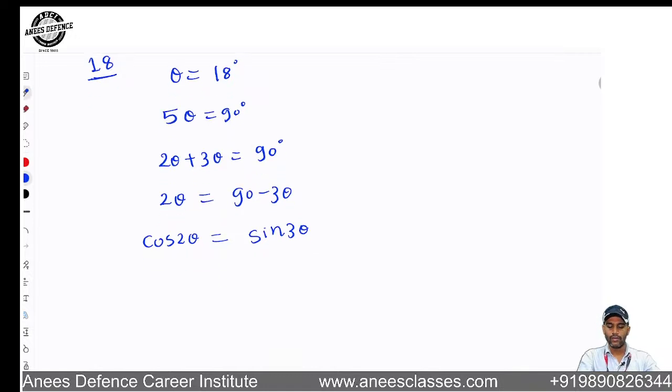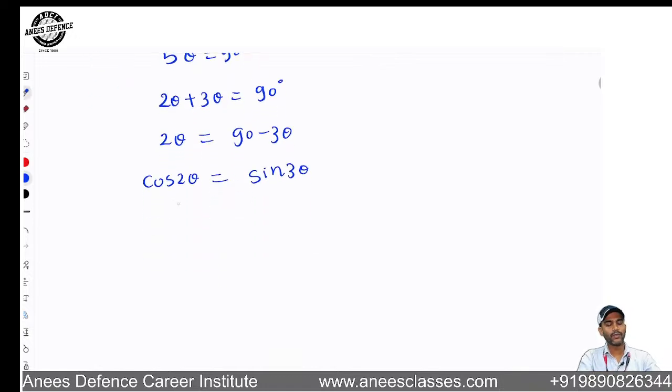Yes or no? Since we are supposed to find the value of sin 18, we have to apply the formula of cos 2 theta in which sin theta is there. What is the formula? Cos 2 theta is equal to 1 minus 2 sin square theta. So 1 minus 2 sin square theta is equal to sin 3 theta.